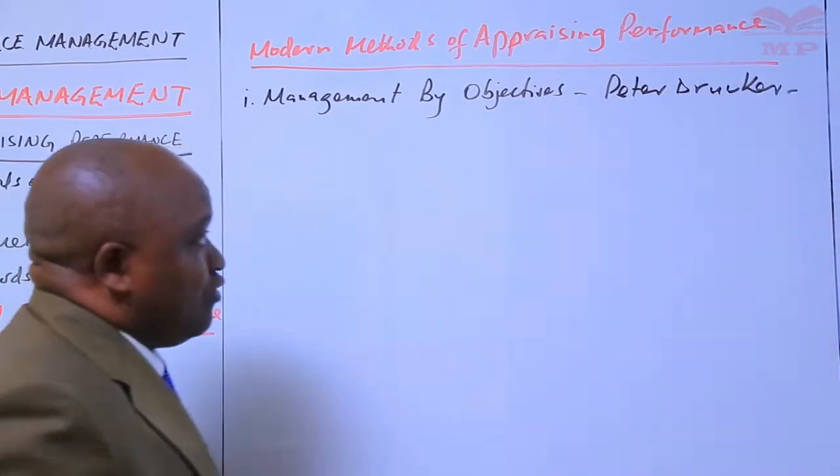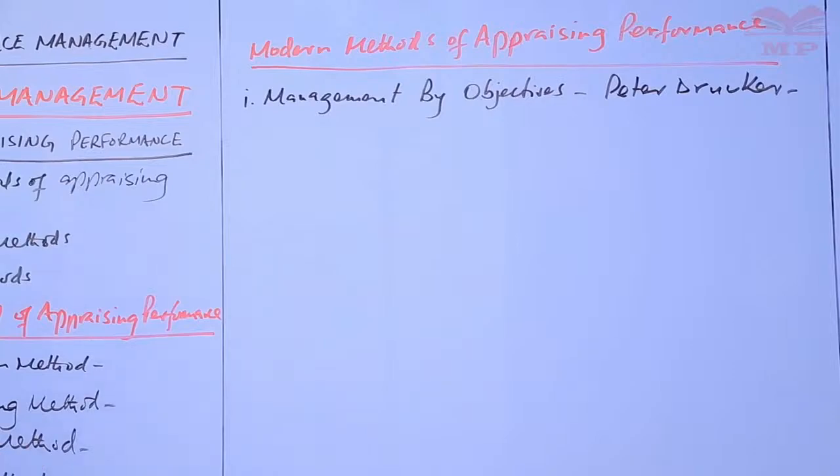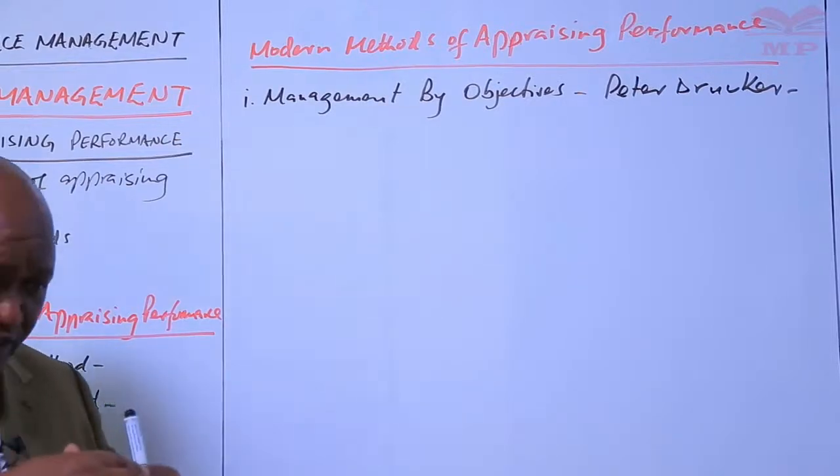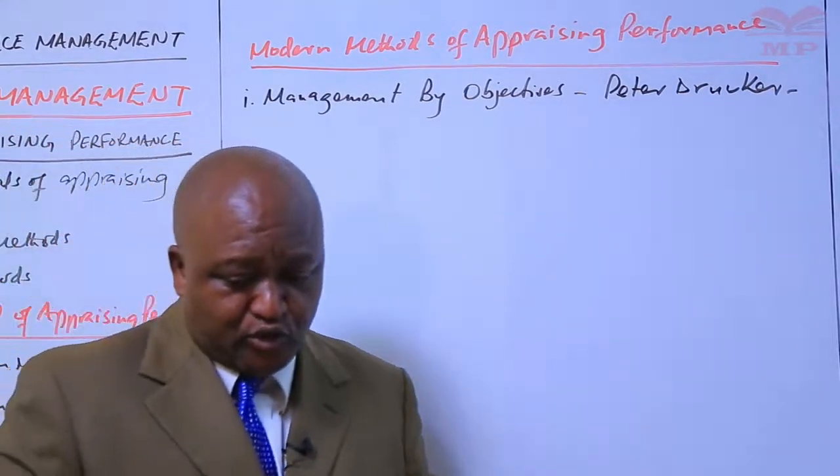Peter Drucker opined that if managers and workers, or supervisors and workers, set particular objectives within the organizational context, then those objectives can be used to evaluate the performance during a given period of time.